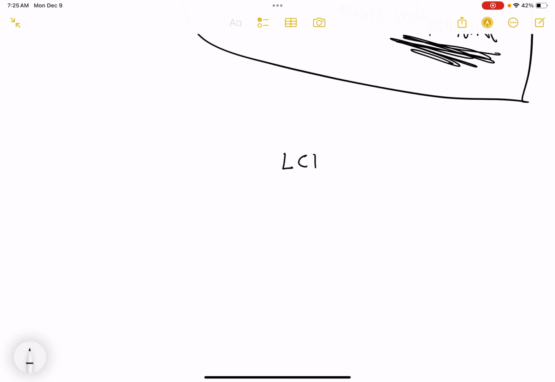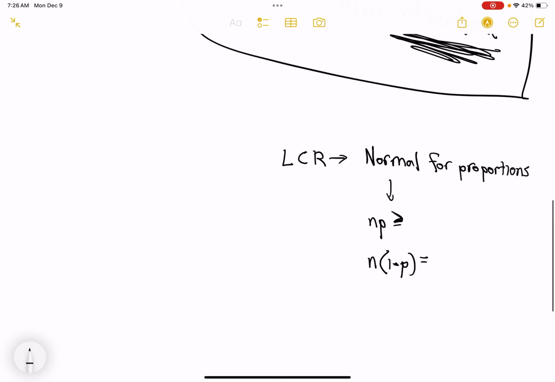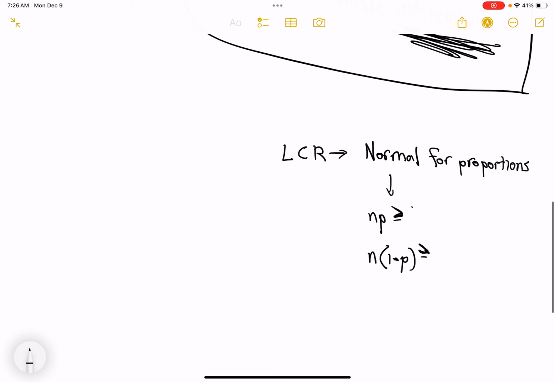The large counts rule simply states that in order to use normal calculations or treat sampling proportions specifically as if they are normal, you must check that n times p and n times 1 minus p, so the number in your sample times the probability of success and the probability of failure, both must be greater than or equal to 10.